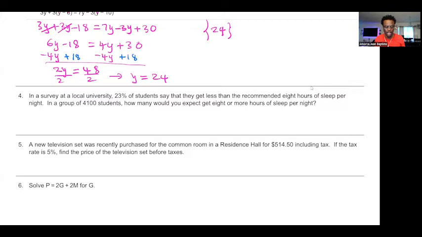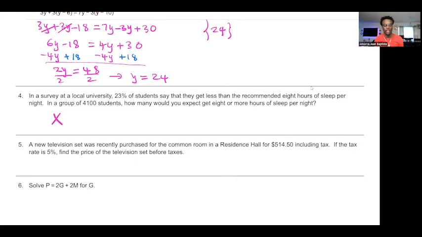Now, what I do is that I'm going to call a variable to solve, and that variable is going to be the number of students who did not get this amount of sleep. Well, in fact, we don't even have to call a variable. So basically what they ask me is the number of students.